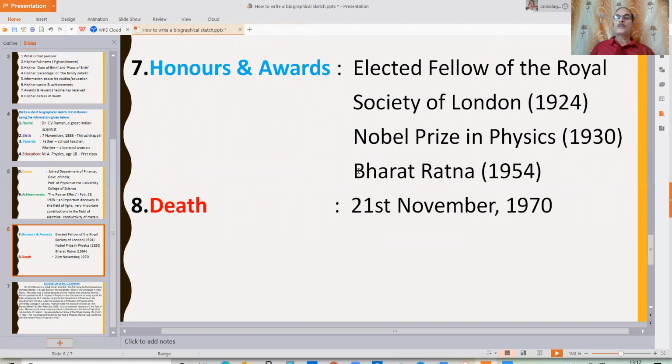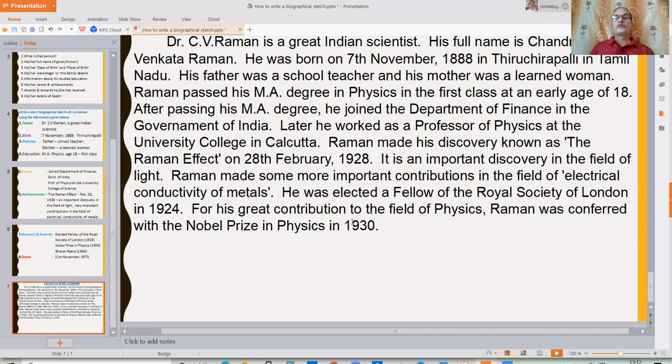Then he was also honored with Bharat Ratna. So of course, here also you can write, he was also conferred with, otherwise you can change the sentence also, no problem. He was also honored with Bharat Ratna.